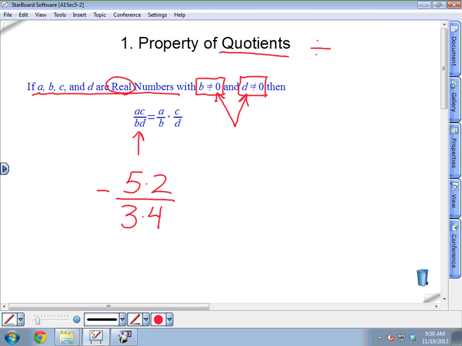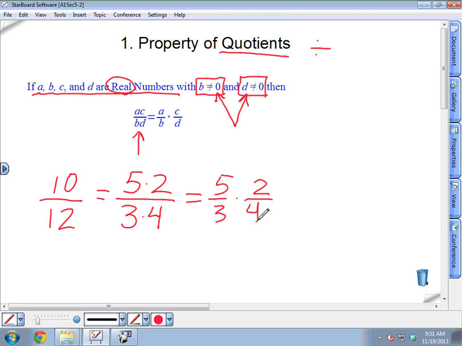What really was this? This was 10/12. Well, that's the same thing as 5/3 times 2/4. I'm not going to reduce, I'm just giving you an example. That's all that's telling you.